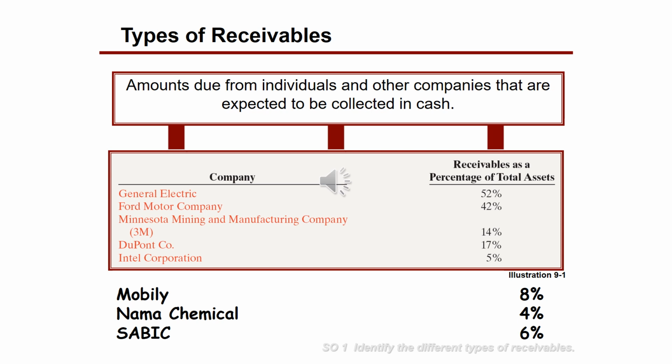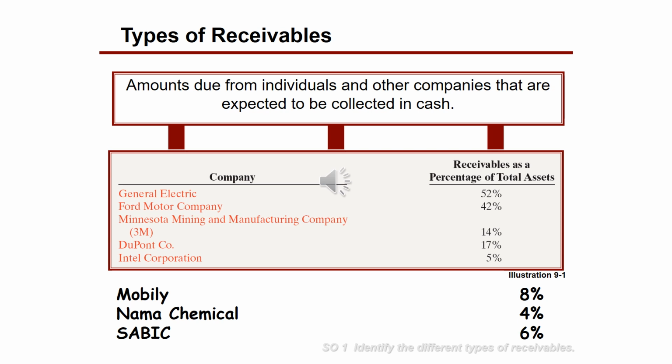Now, depending on the type of activity that the company operates in, we can see a variance between different companies that operate in different sectors.